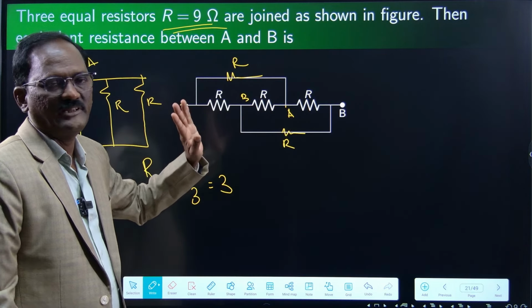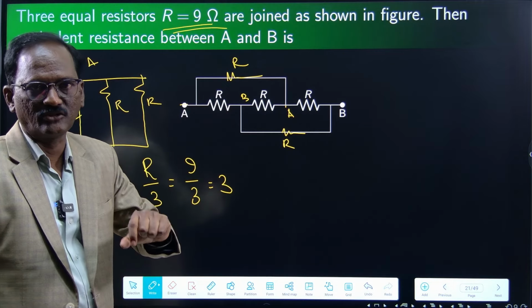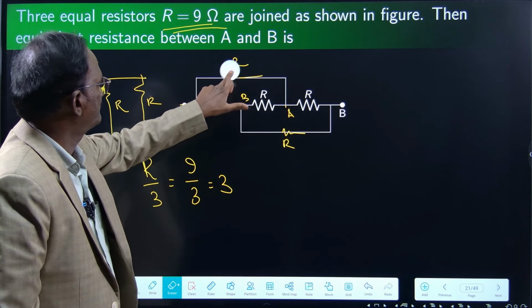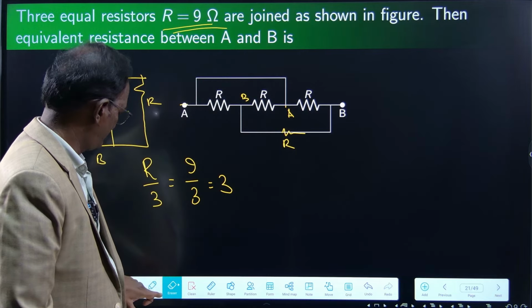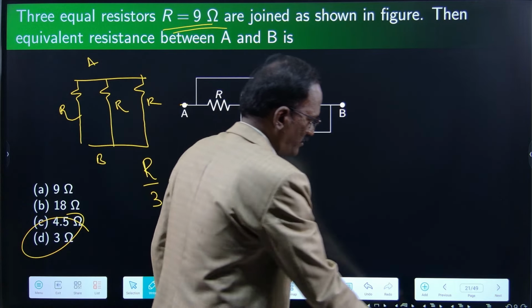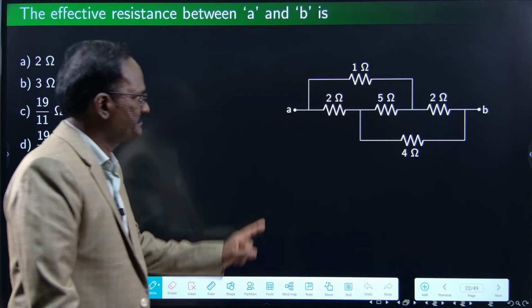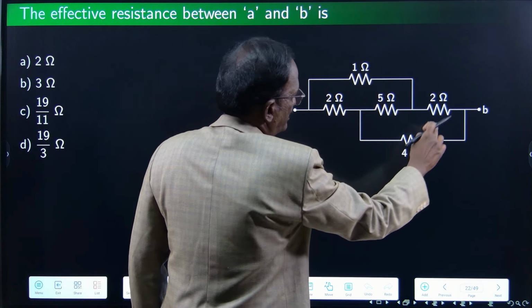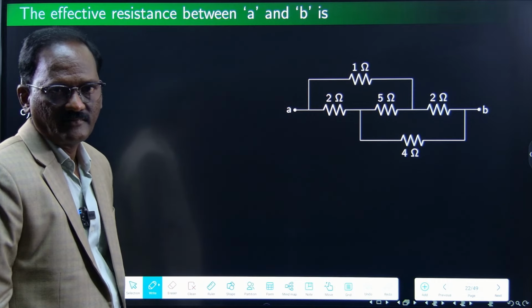We can't make it as B here because it is not a short circuit now, right? So this one is such a problem. It is not a short circuit here.